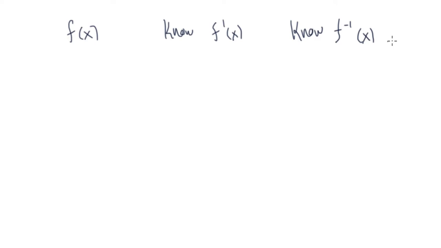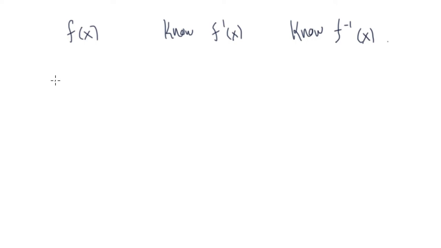What's the only thing I can say about f and f inverse? I can't just write down what the derivative of f inverse is. I have to somehow use the fact that I know the derivative of f of x. So we need to go back to the relationship that f and f inverse satisfy.